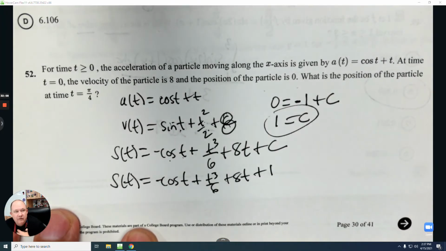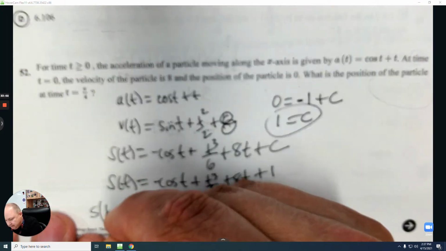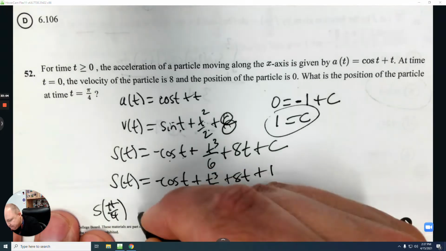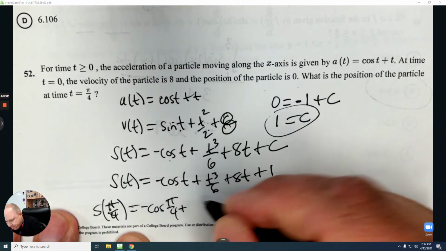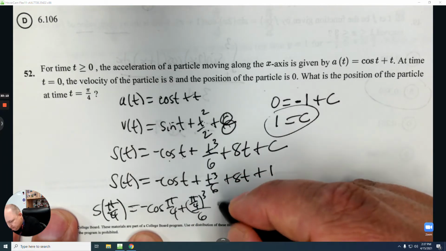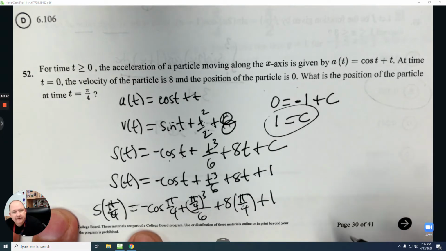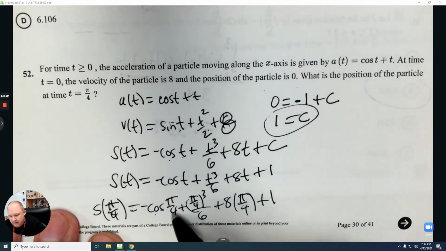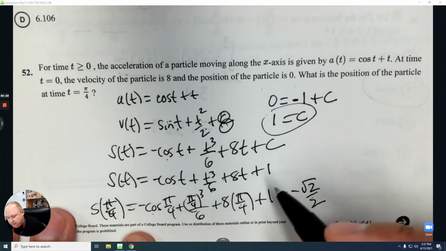And then it says, what's the position of the particle at pi over 4? So now you plug in pi over 4 and get your answer. Now, the value of cosine at pi over 4 is root 2 over 2. So it would be negative root 2 over 2.